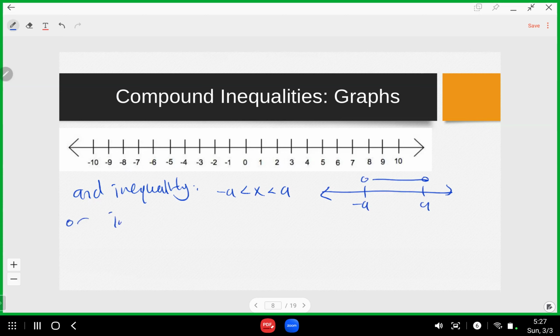And you have an or inequality, okay? x is greater than a or x is less than -a, you're going to have this.